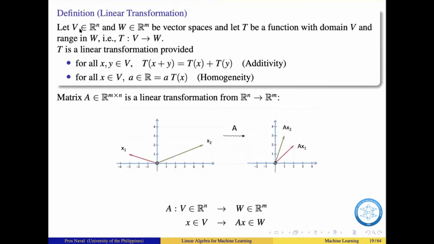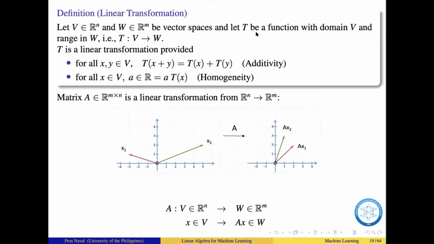We have the following definition for the linear transformation. Let V be a vector space and W be another vector space. V is n-dimensional while W is m-dimensional.